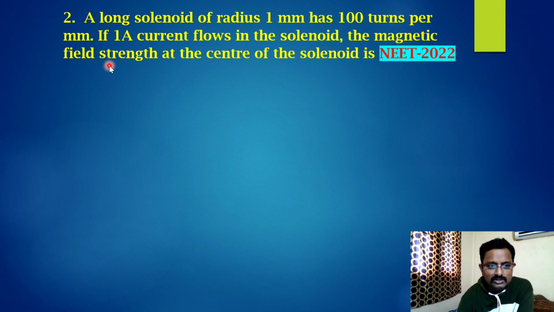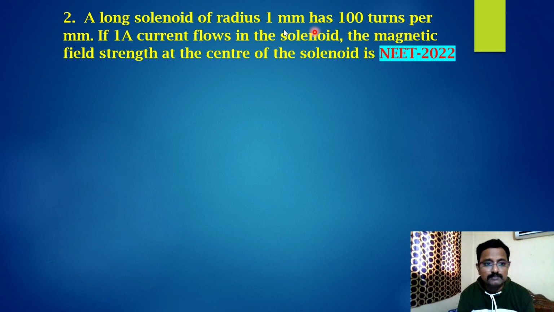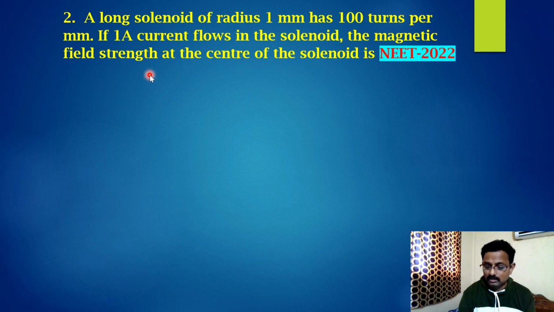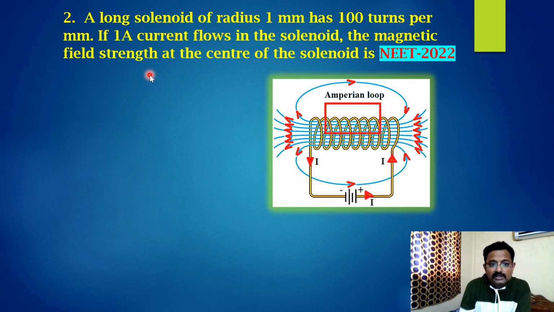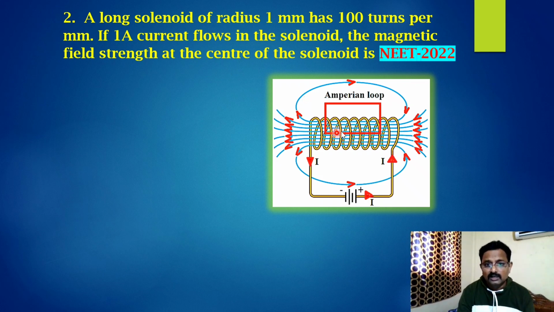Here is the second question, that is a long solenoid of radius 1 millimeter has 100 turns per millimeter. Okay, here one solenoid is there. It is a long solenoid having radius 1 millimeter and it has 100 turns per millimeter.